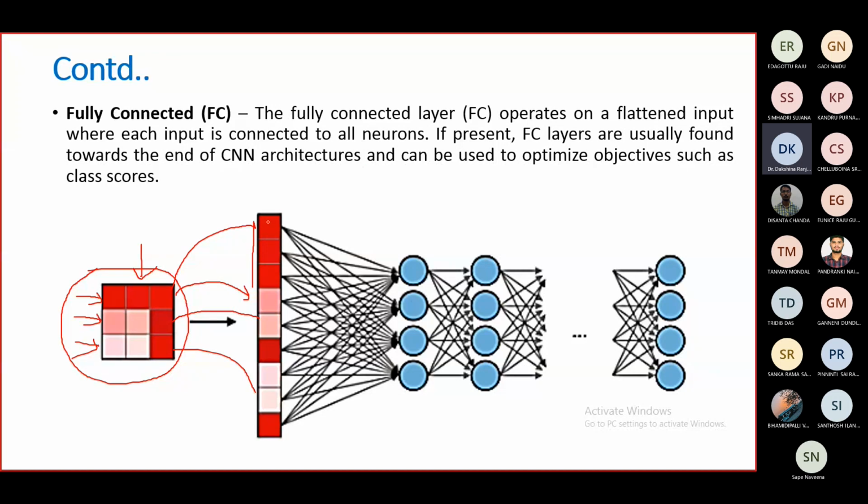When we feed this flattened vector to the fully connected layer, the information it contains is propagated across the hidden layers, and finally we generate the output, which is compared with the ground truth.